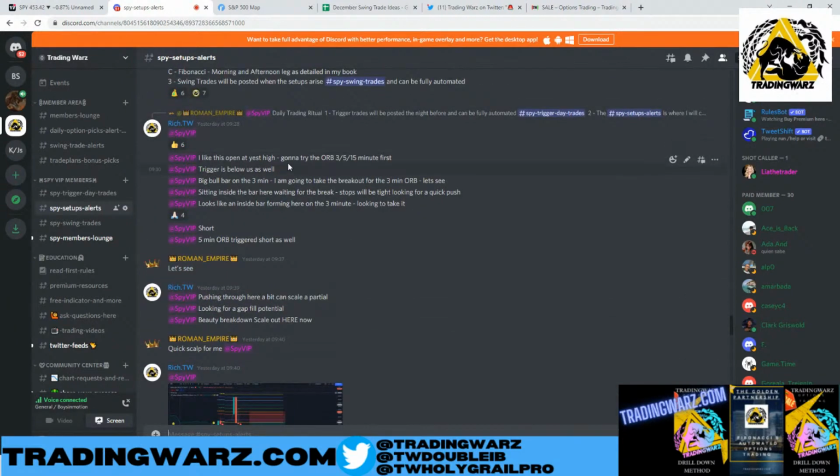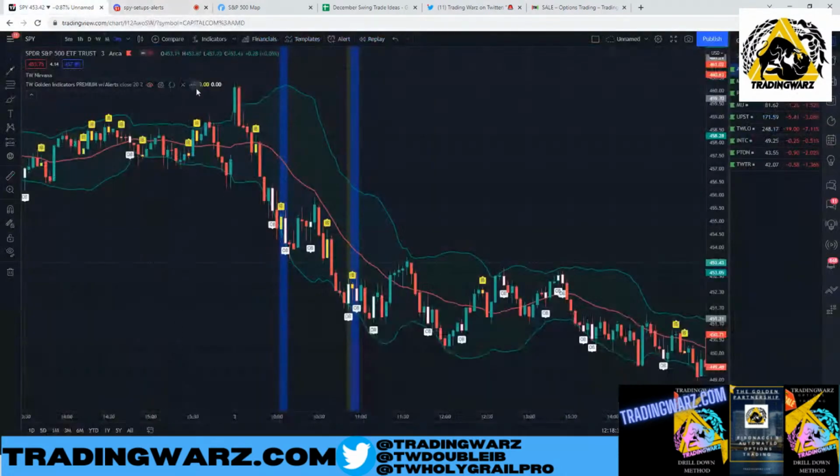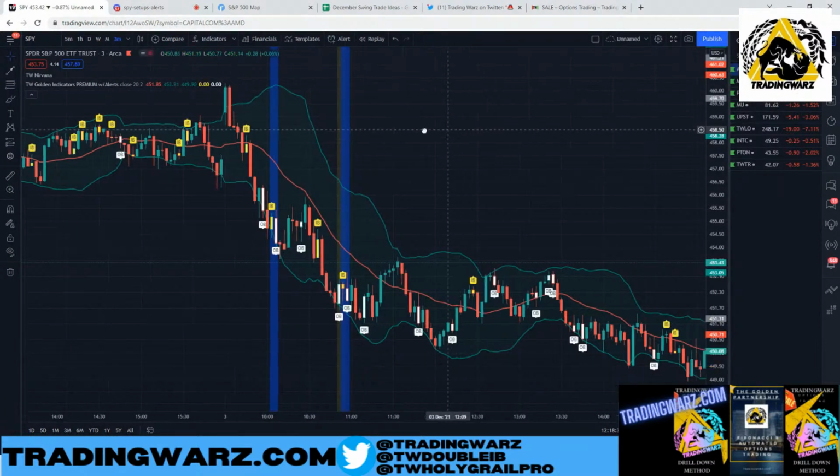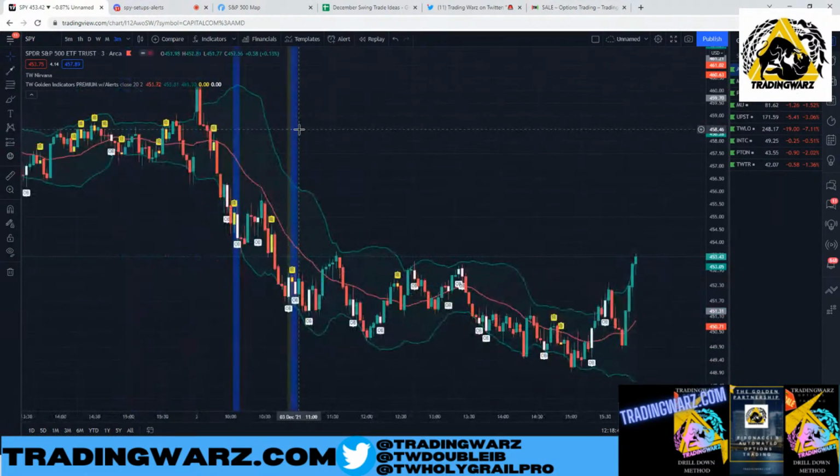So I like this open at yesterday's high. Going to try the ORB 3, 5, and 15. All 3 of these opening range breakouts worked. Was beautiful. Big bull bar, blah, blah, blah. Short. So we got trigger short at 936. Beautiful. So that's how you do it when you are trading 0 days to expiry. Make sure you're getting a good deal. Make sure you know your risk up front.